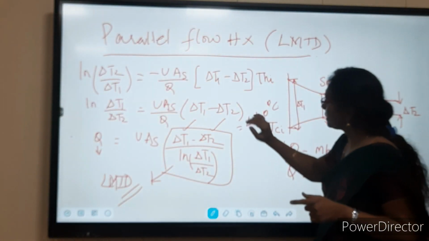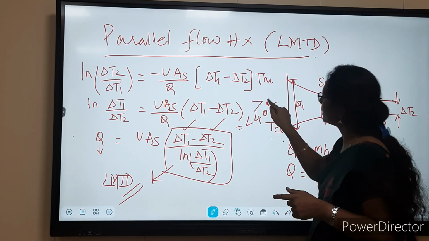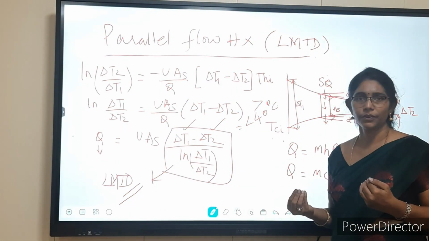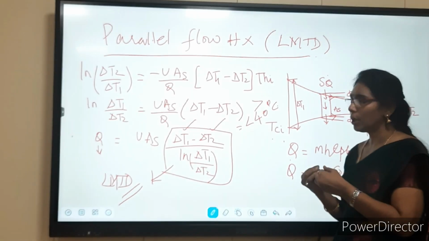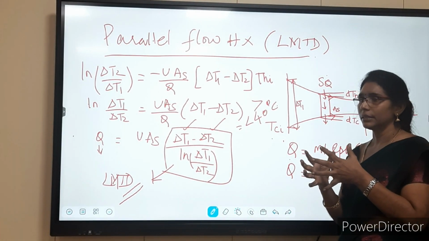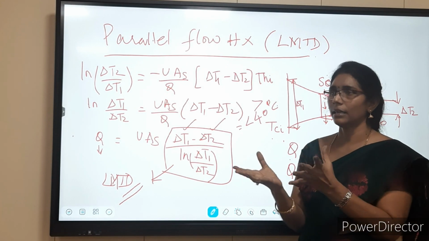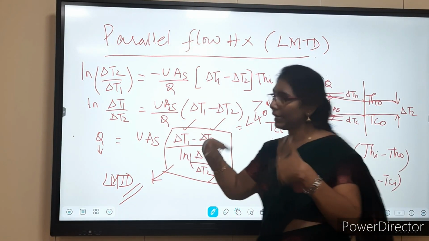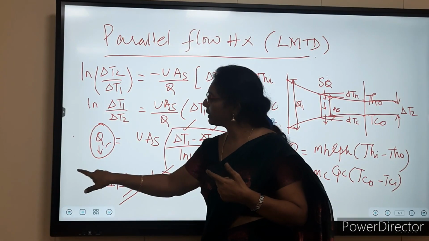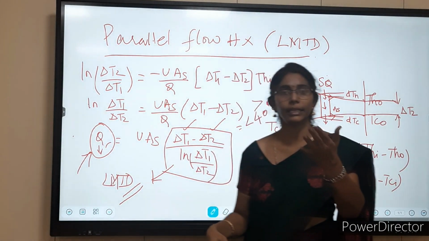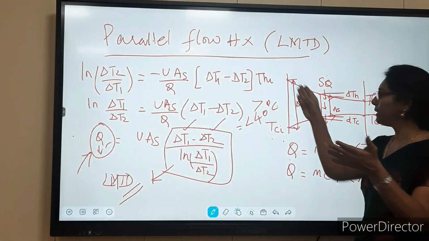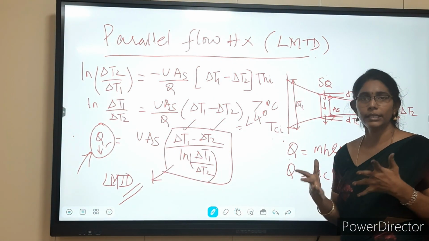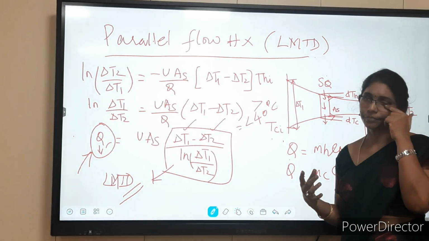But when this is greater than 40 degrees Celsius, you will see a drastic change in the heat transfer values. The value that you arrive at by the arithmetic method will always be higher, giving a wrong implication that the heat transfer is very high, but actually the heat exchanger that you have designed for these inlet and outlet conditions will not give such a high value. So it is actually a wrong interpretation.